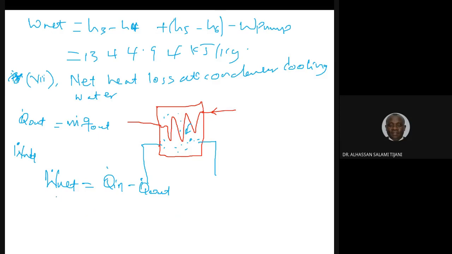Okay, but I know my W net is the same as the mass flow rate of the steam times the specific network output. So then this should be equal to Q in minus Q out. I'm interested in Q out from here. So it implies Q out equals Q in minus mass flow rate times w net.